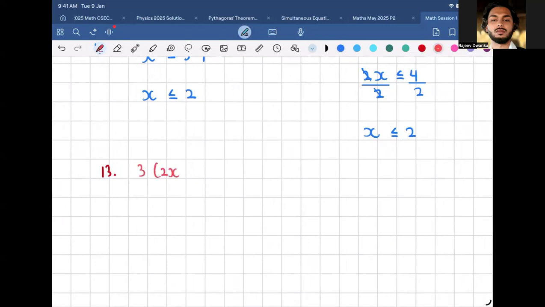3 by 2x minus 5 minus x plus 7 less than 2 by x minus 3. And the last question, I do find the last question hard, but maybe it might be hard for some of you guys.